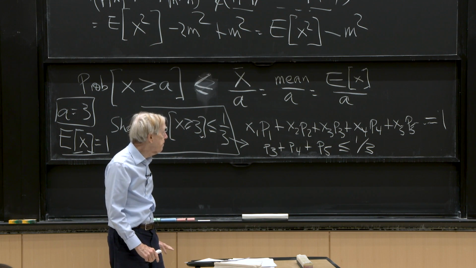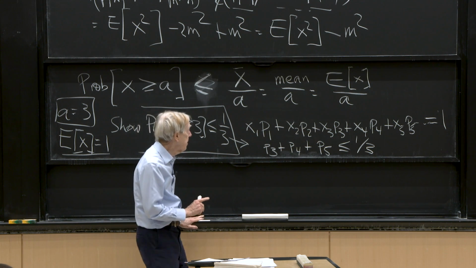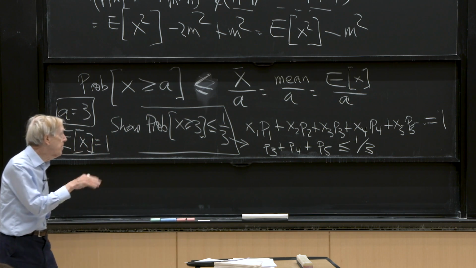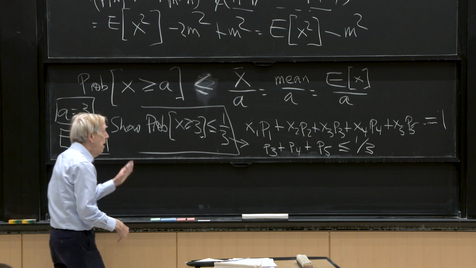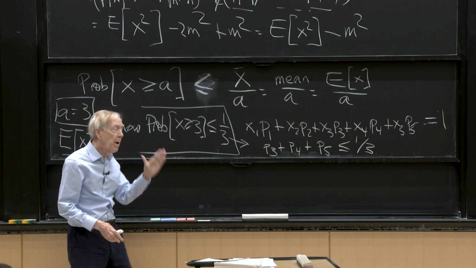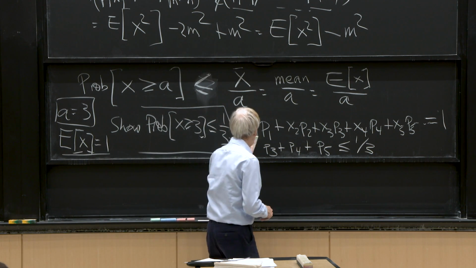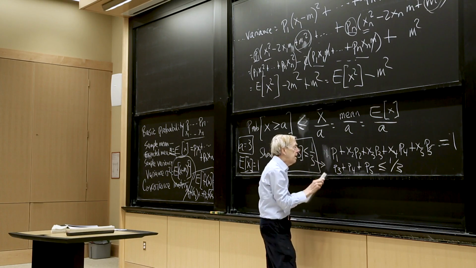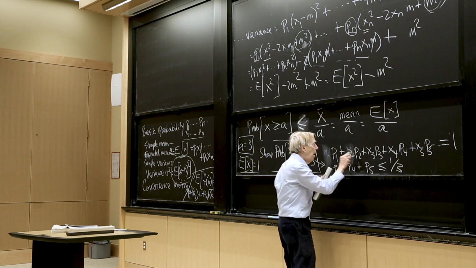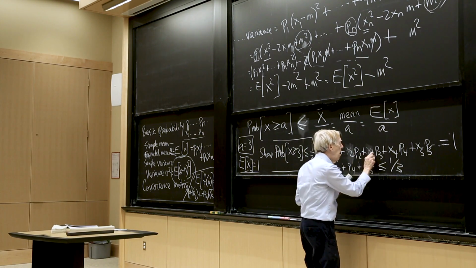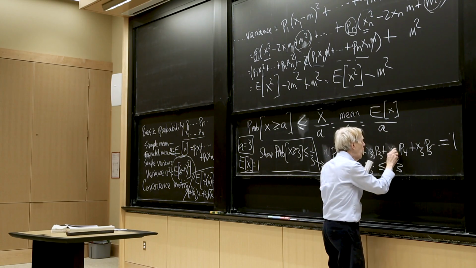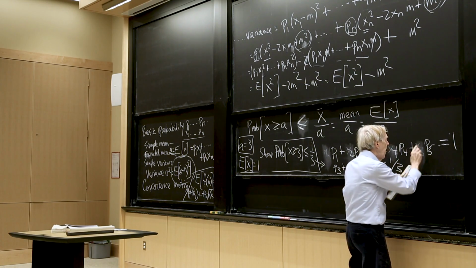Let's see. I'm sorry, I even took a more special case. I'm taking the case where x1 is 1, x2 is 2, x3 is 3, x4 is 4, and x5 is 5.